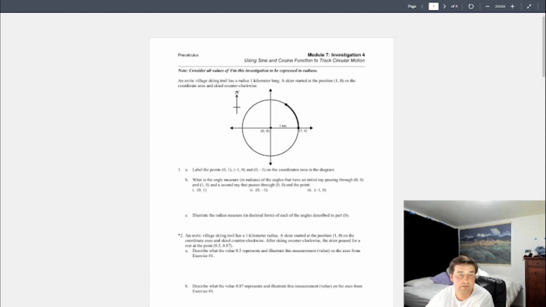Let's just try a few more. Okay, 3.14 divided by 2: 1.57. Pi times 2 gave me the full circle, divided by 4: 1.57.